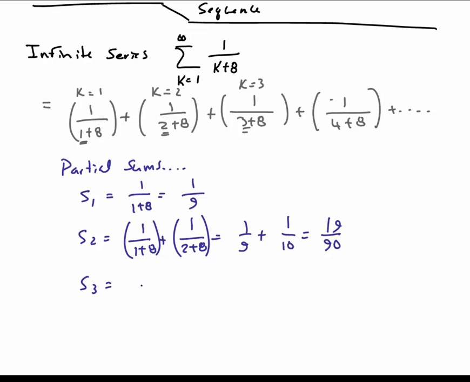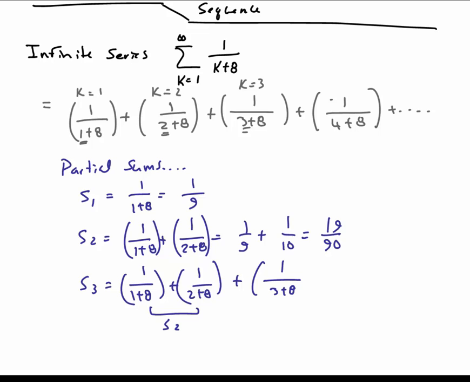S sub 3 would be S sub 2 plus my next term. So we'll write it out here, but you'll basically get the idea. This is S sub 2, we already have that from up above, plus my third term of the partial sum. So this would be 3 plus 8. So you can see that this basically builds from the previous partial sum and I add the next term.